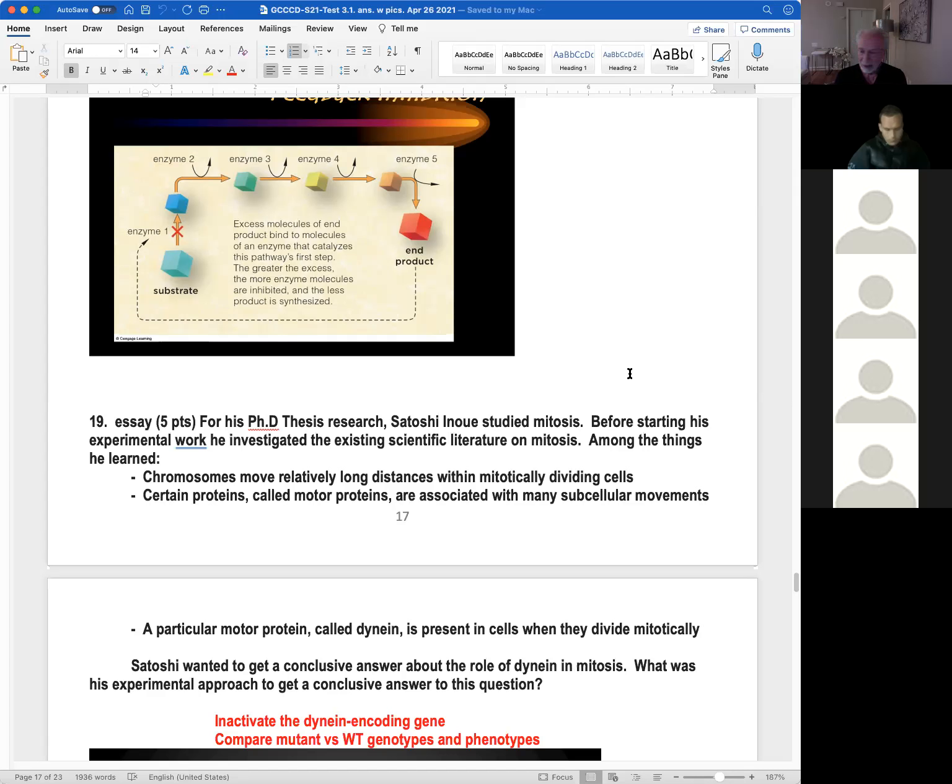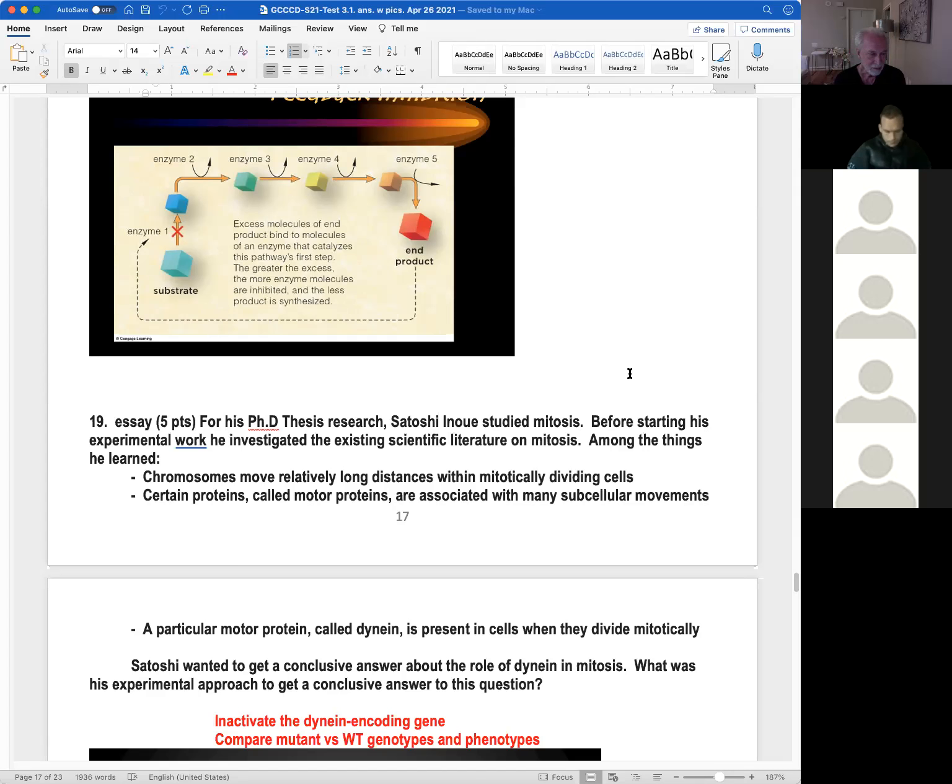Okay, the next question, number 19. It's about my former student and his work on mitosis. He was interested in mitosis, but before starting out to do an investigation, he read the literature.